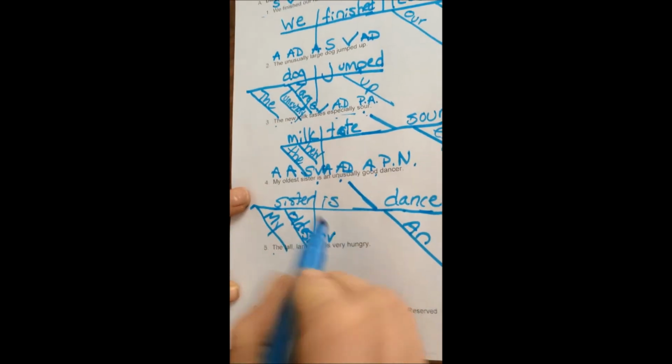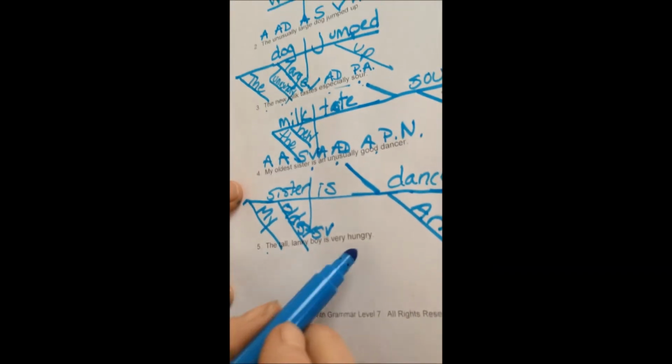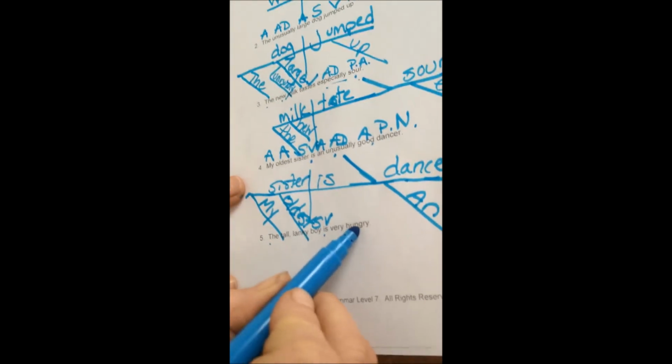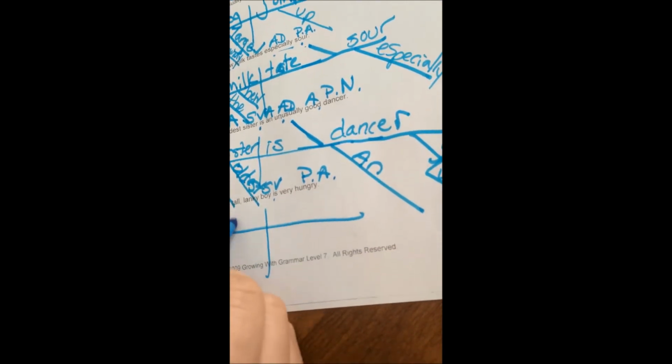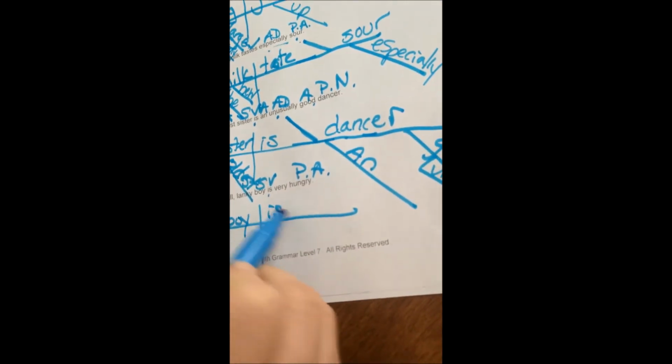So who or what is the sentence about? It is about boy. What is my verb? My verb is is. Is a linking verb, a state of being. So bells and whistles should be going off because the boy is hungry. It's describing the boy. Predicate adjective. Okay, so let's diagram. Boy is, line goes this way, hungry.